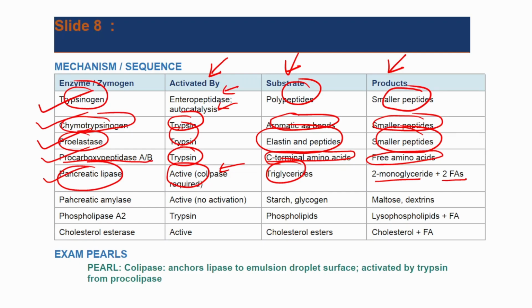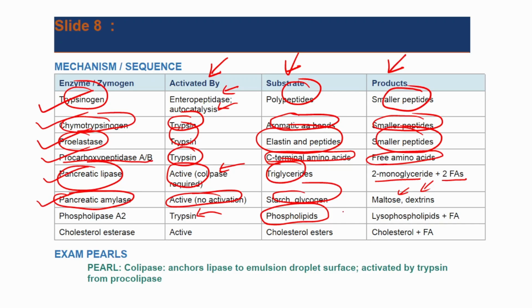And for that, pancreatic amylase comes into play. This amylase is fully active upon release with no activation required, digesting starch and glycogen into maltose and dextrins. Returning to fats, this phospholipase A2 pathway specifically targets the structural lipids of the cell membrane, and it's activated by trypsin.